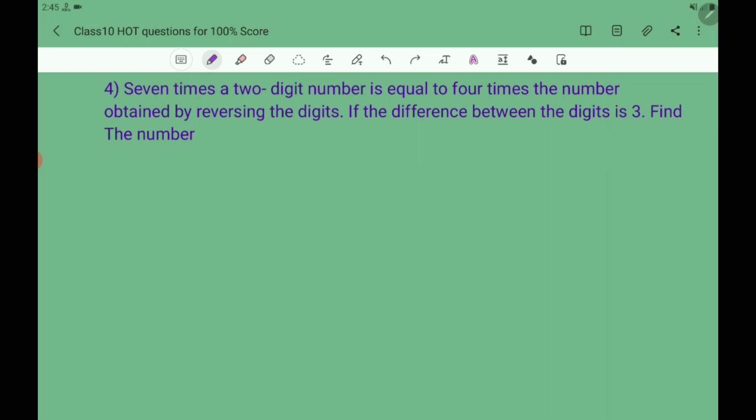Now let us take the unit digit as x and the tens digit as y. So the digits of the number are y and x.